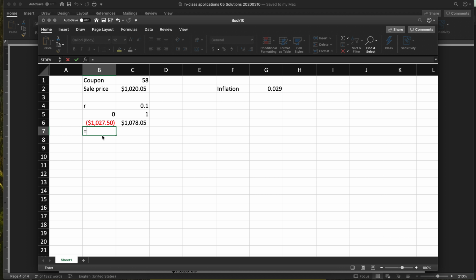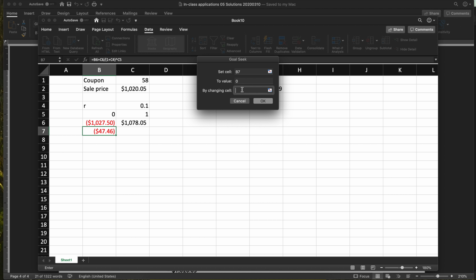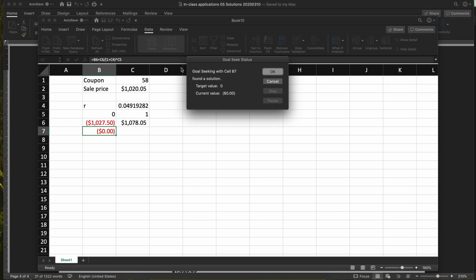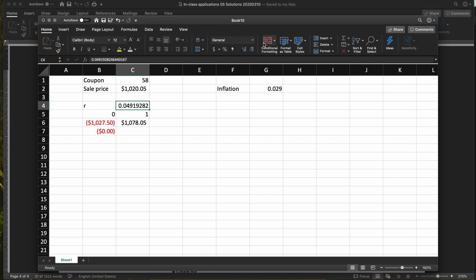So if we wanted the PV, it would just be this plus this divided by 1 plus R to the power of 1. Since it's 1, it's just going to be the same number, but whatever, we can do that. We can use goal seek here to get the IRR. And we find that it's 4.9%.